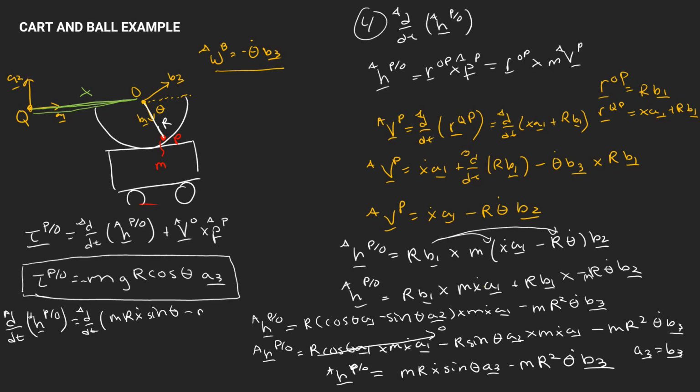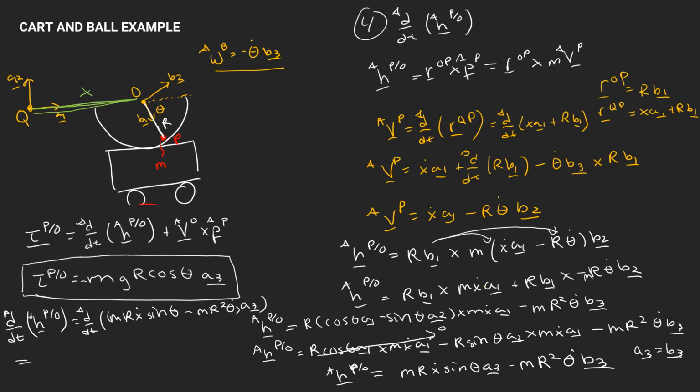Minus m r squared theta dot, and that's all in terms of A3. So we can write this then as the derivative d/dt. I'll just write the equal sign because I'm going to start running out of space here. So we can set that equal to.